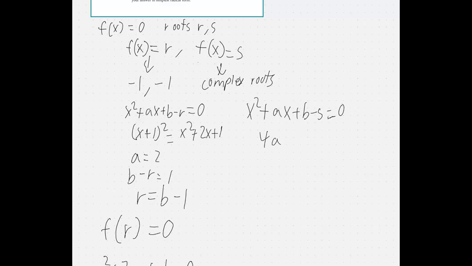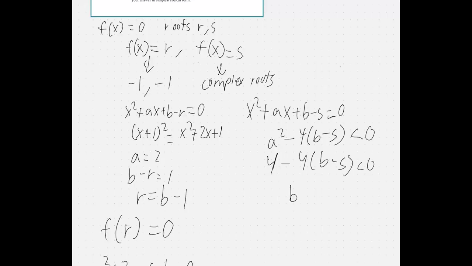Because a is 2, a squared is 4. And so this is less than 0, because that's the discriminant. And so you get that b minus s is greater than 1, and so s is less than b minus 1.